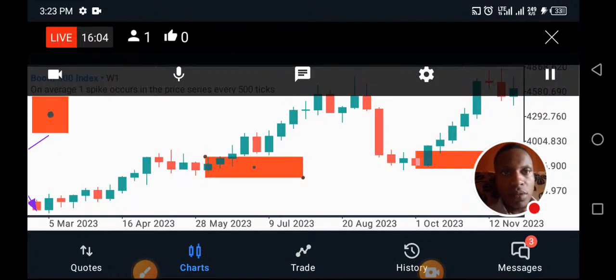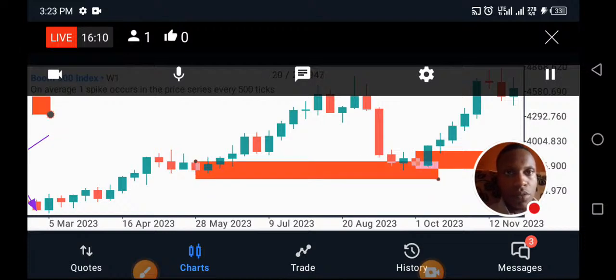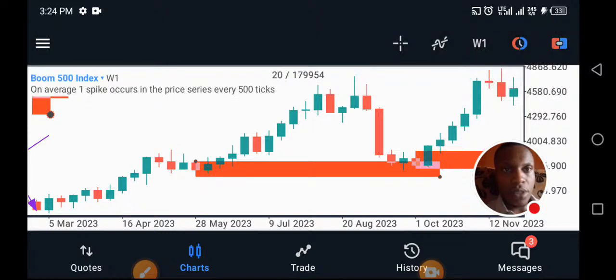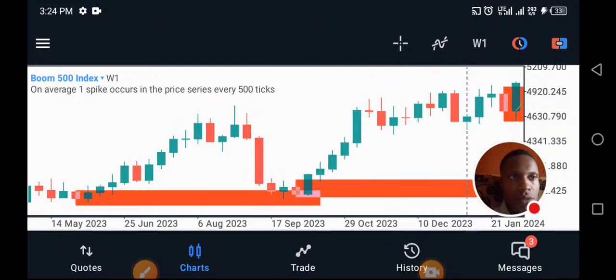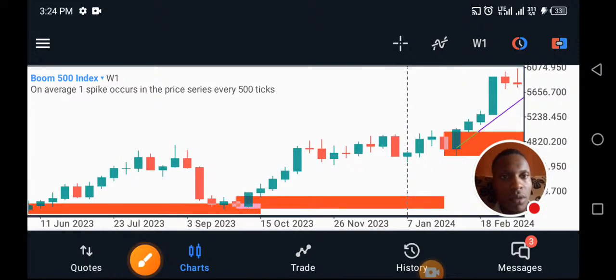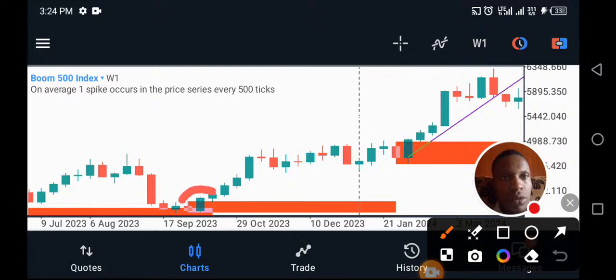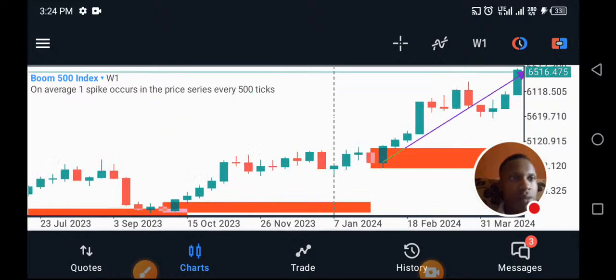Let's see if price will respect our order block. We can see that price actually respected this order block here. Price came back, respected the order block and started buying. So maybe the reason why price did not come back to test this particular order block was because of this first initial order block that was tested.